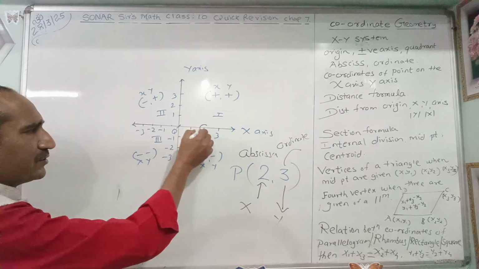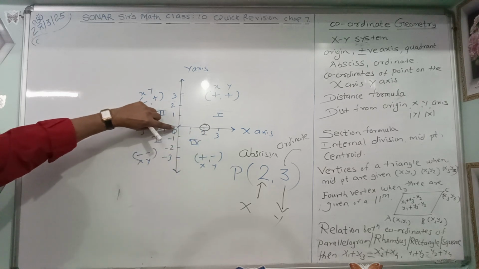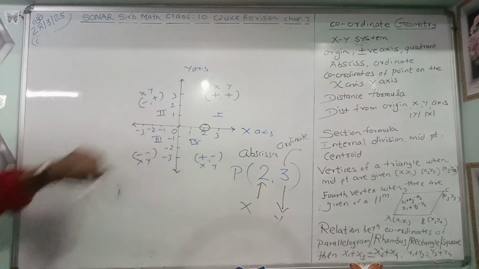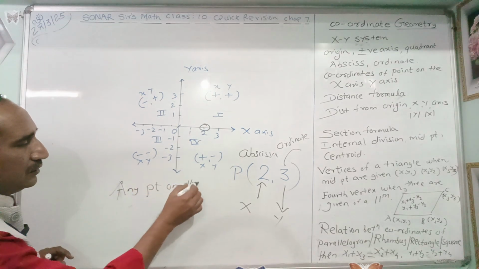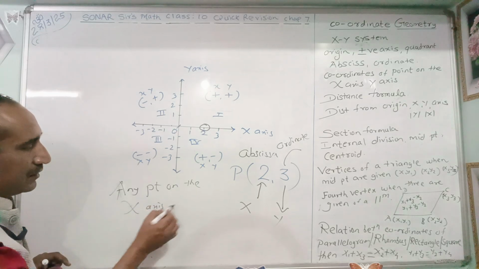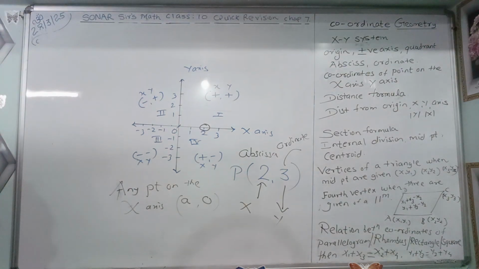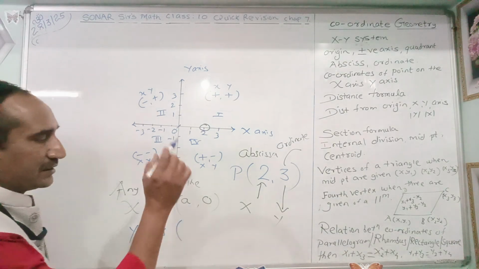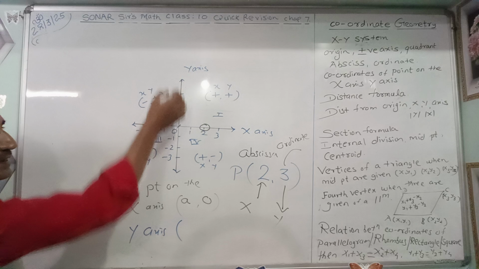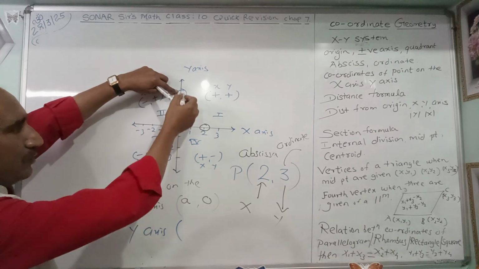Suppose any point lies on the x-axis. You can see the x coordinate is 2 while the y coordinate is at the origin. That is, for any point on the x-axis, its y coordinate is 0 and the x coordinate, let's assume, is a. Now for any point on the y-axis, suppose the point is here, the y coordinate is 3, but what about the x coordinate?